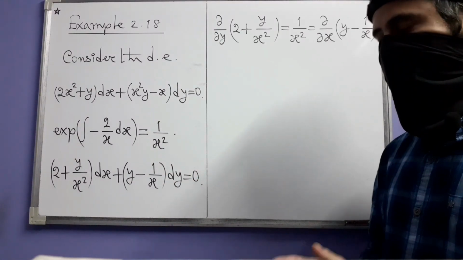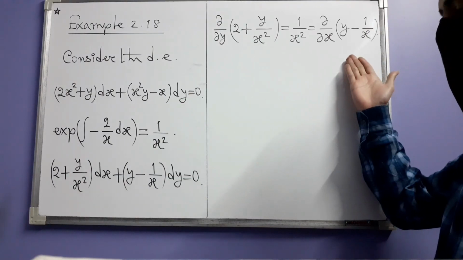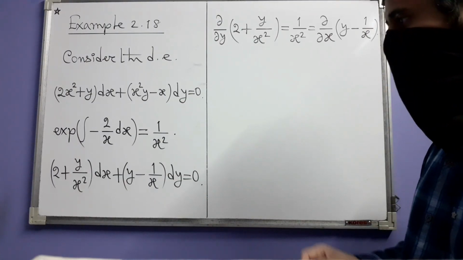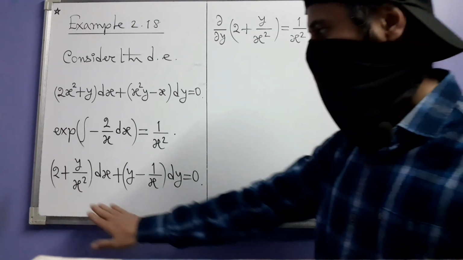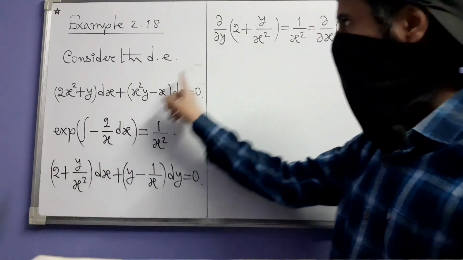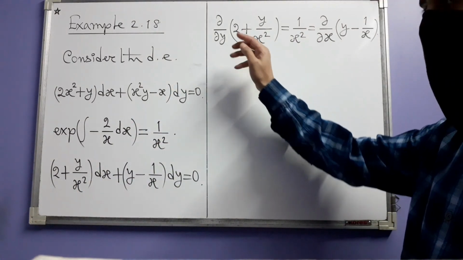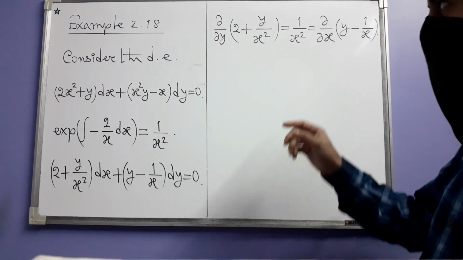And as promised, this is really an exact equation, which this calculation shows. To see whether it's exact, you apply that criterion. You differentiate this one partially with respect to y. What do you get? This is of course constant and x is constant when you are differentiating with respect to y partially.